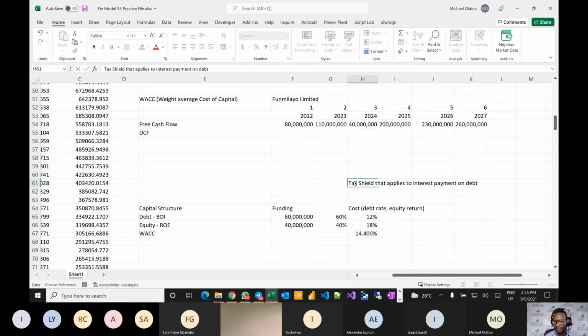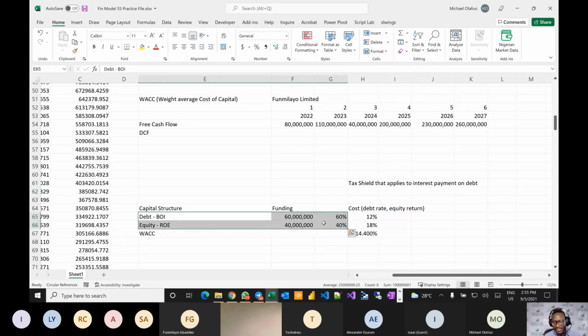What that means is if you carry debt to fund your business, that's why they say the best capital structure will always be a mixture of debt and equity. Most of us as human beings think debt is bad, but that's just your own thinking. The moment you start going into corporate finance, debt is good. Some debt is better than no debt because of this tax shield.